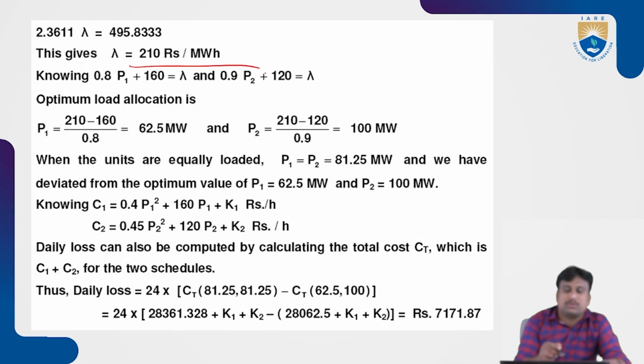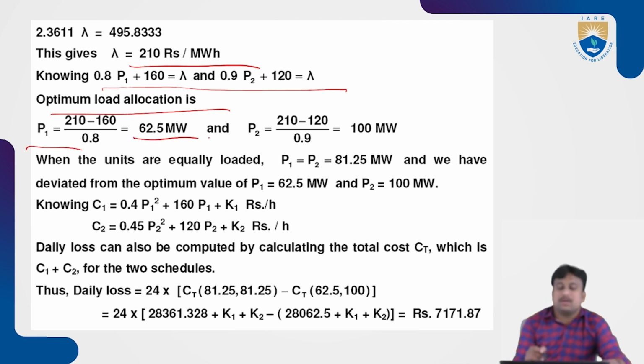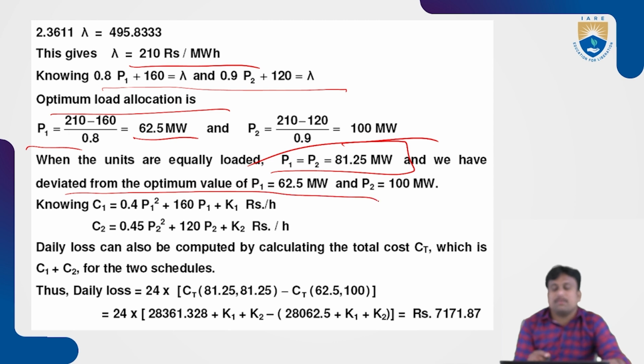So lambda is 210 rupees per megawatt hour. Knowing these values, the optimum load allocation is P1 about 62 megawatts and P2 100 megawatts. When you equate these two, 81.25 megawatts each, we deviate from the optimal values of P1, P2, which are 62 and 100 megawatts.